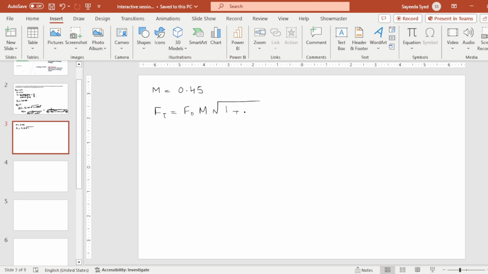We will get 100 times 0.45 times the square root of 1 plus (2 into 0.4 into 5 by 3) square.